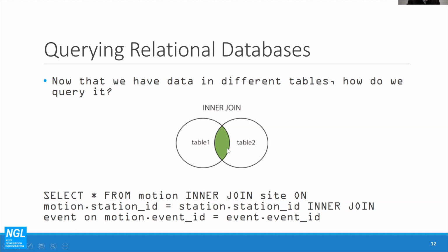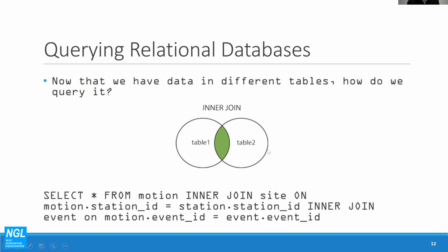And maybe first I should say that there's different types of joins you can do. The default join is an inner join. So if you just put join, or you could do inner join or just join, that's the default type. It will take everything where the table is intersecting. There's other kinds of joins too, like if you want all of table 1 and then just the part of table 2 that intersects with it, you could do a left join between table 1 and table 2.